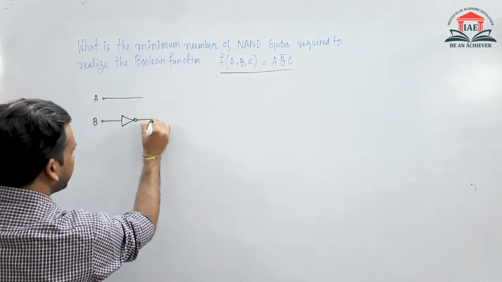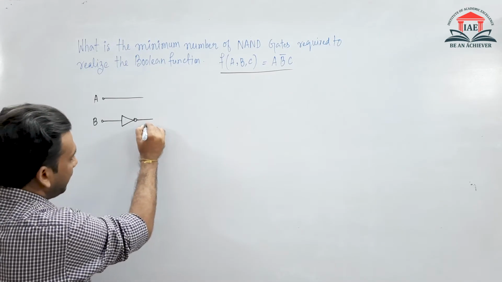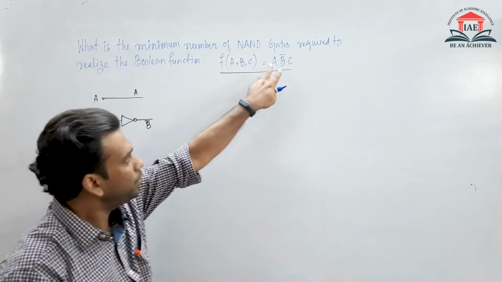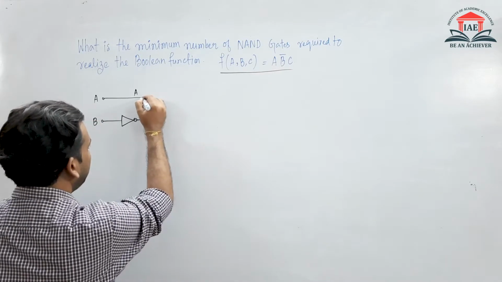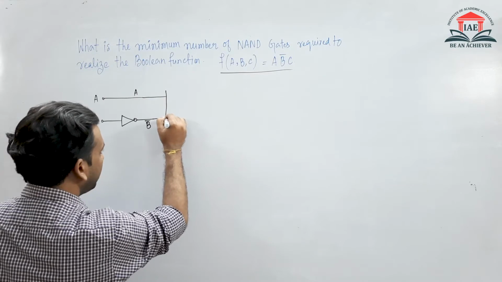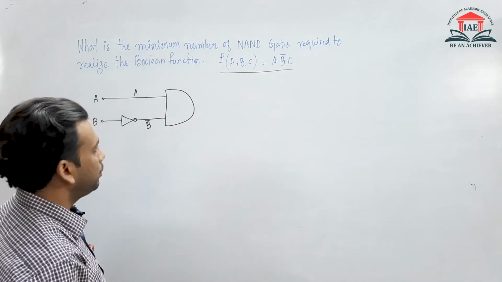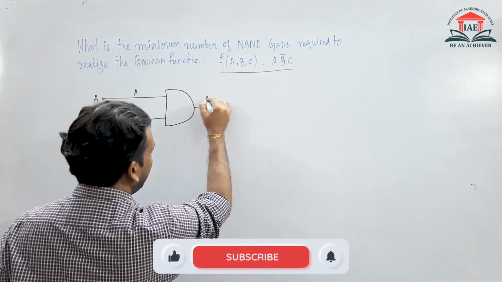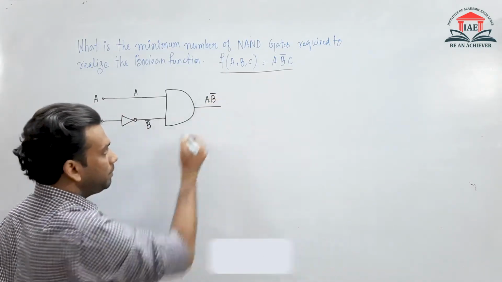So this is the NOT gate, you can see. यहाँ पे B और यहाँ पे आएंगे आपका B bar, यहाँ पे आपका A. अब ये दोनों AND ऑपरेशन पे हैं. So now this will give us A AND operation B bar.